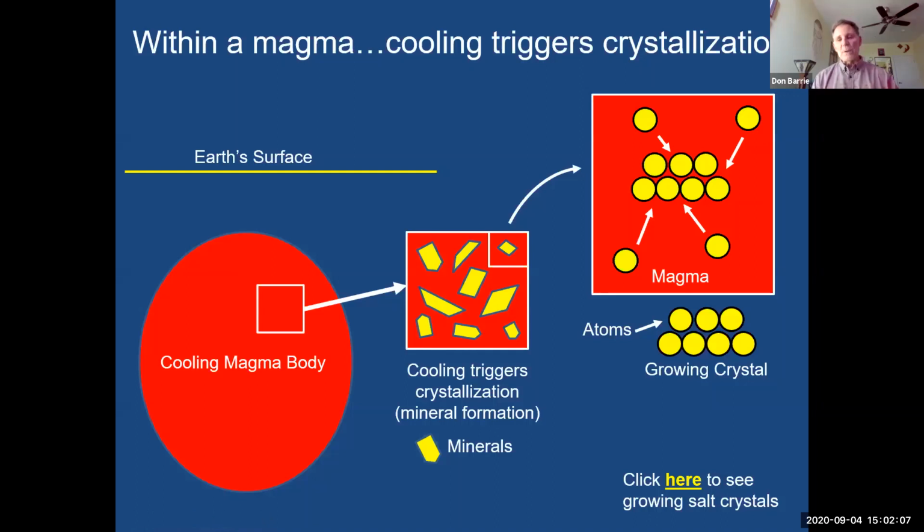And generally 2 things control the ability of atoms to link up into growing crystals that are already there. One is simply the size of the atom. If it's the right size to fit in a vacancy, then it may do so. And then the other thing is the electric charge on the atom.